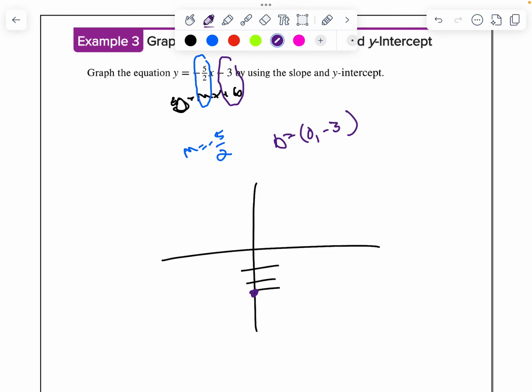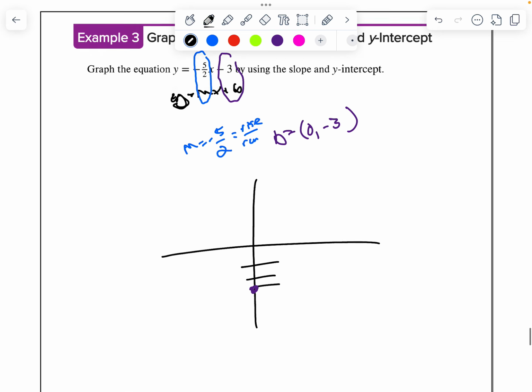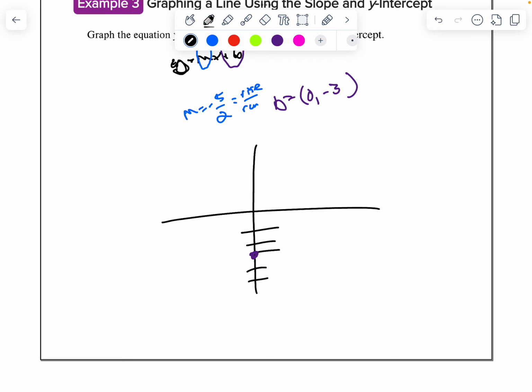So I'm going to go, remember this is rise over run. So I'm going to go from there down 5 over 2. I'm going to rise negative 1, 2, 3, 4, 5 and run 2. That gets me my next point, and that's the line that we wanted to graph.